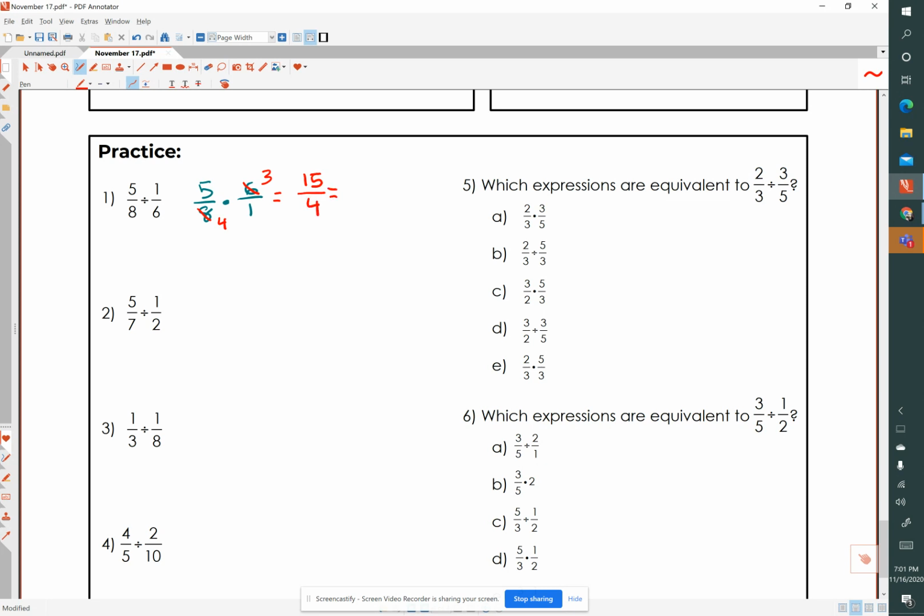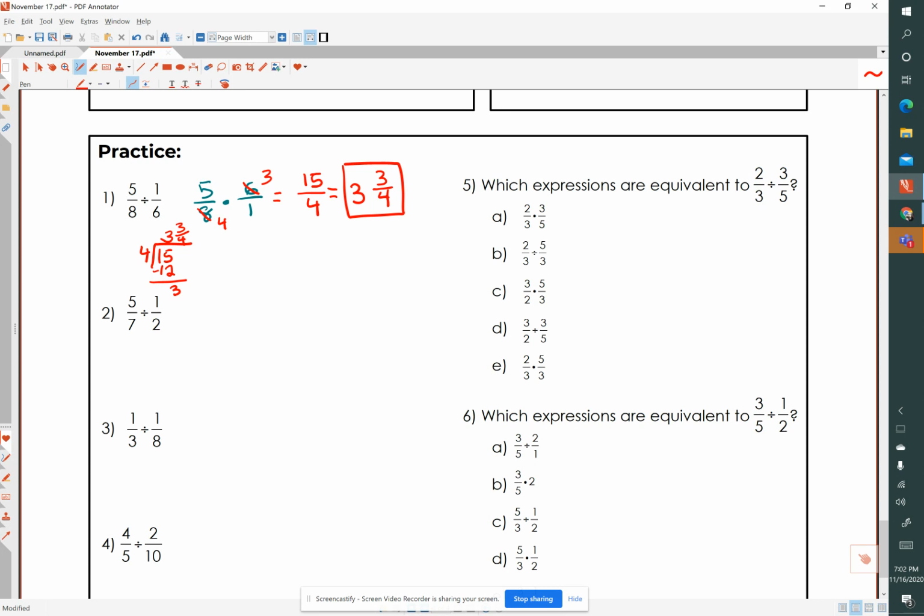And if we divide 15 by 4, it will go 3 times, with 3 times 4 is 12, with 3/4 left over. So that will equal 3 3/4. And that is our final answer.